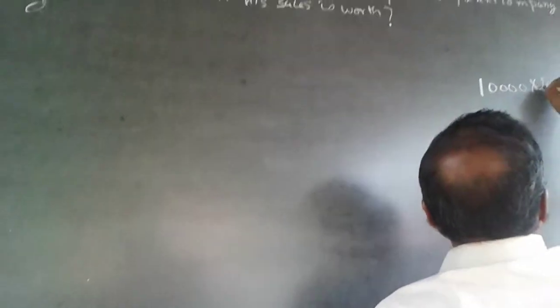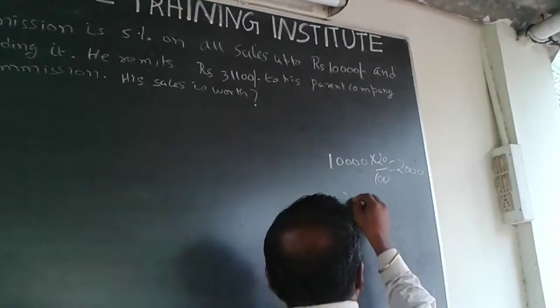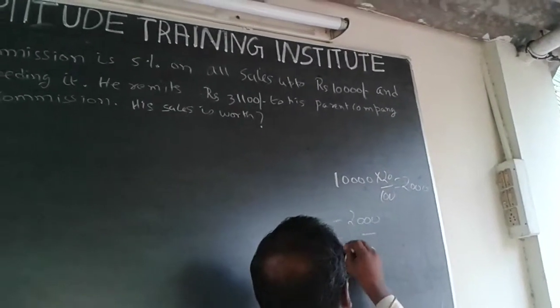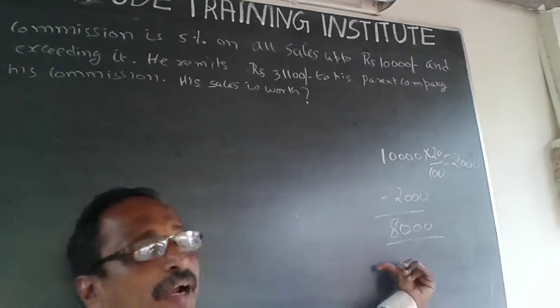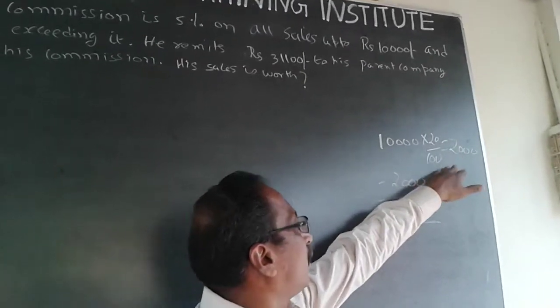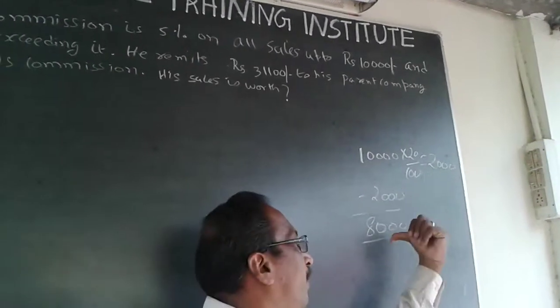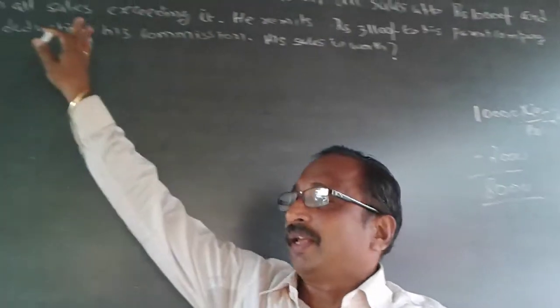So calculate 20% on this: 10,000 into 20 by 100 will be equal to 2,000. Now minus this 2,000, I will be remitting 8,000 to my head office. Hope you understand this. This is what is happening here.